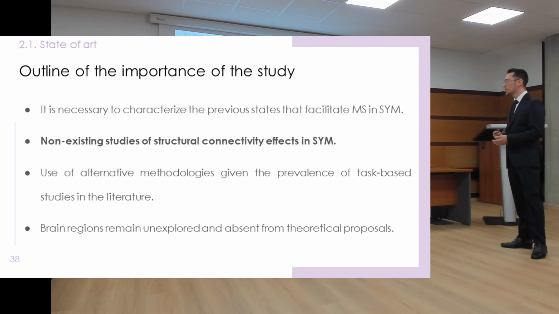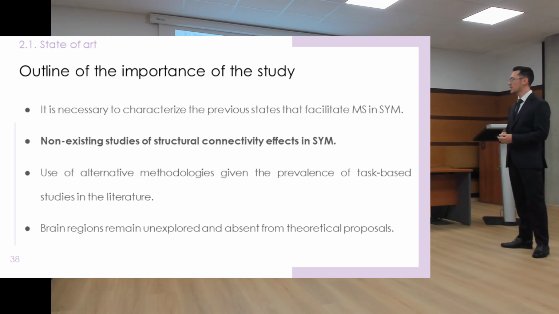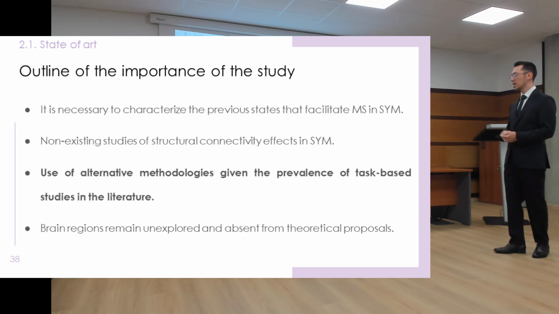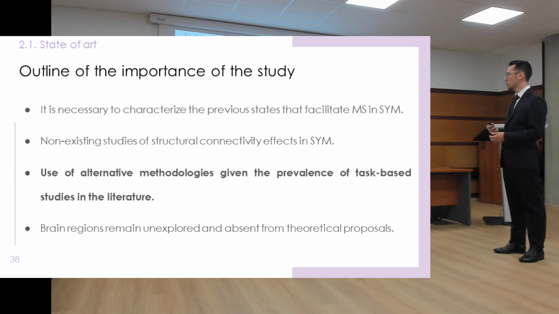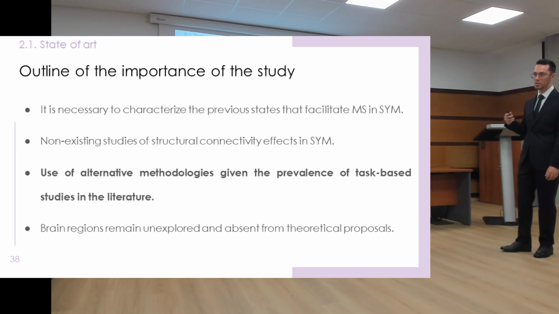Also, there are no existing studies of structural connectivity effects or white matter effects in Sahaja Yoga meditation. Most meditation studies are task-based, so the use of different methodologies would also increase our knowledge of the continuous state of meditation.